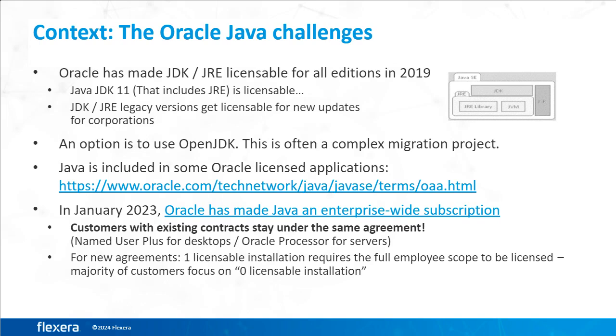So avoiding a shortfall on Java to avoid the conversation of needing extra licenses. So it's this complete risk avoidance strategy I've often heard, right? And this is for the server side.